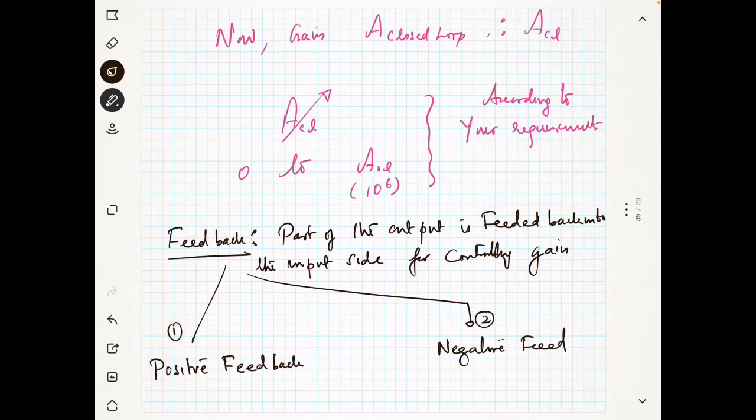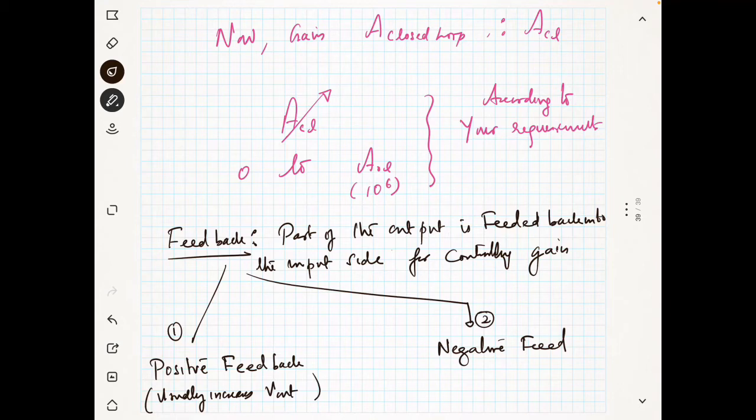Then your output will become worse, and the transistor will again move into saturation or cutoff, so that the output voltage will be plus Vmax or minus Vmax. That is the problem. So positive feedback usually increases the output voltage.